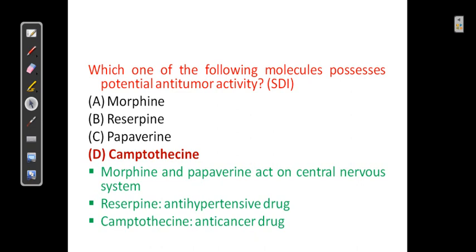Camptothecin is obtained from Camptotheca acuminata and it has anti-cancer activity. Reserpine is obtained from Rauwolfia serpentina and it has anti-hypertensive activity. So the correct answer is camptothecin.